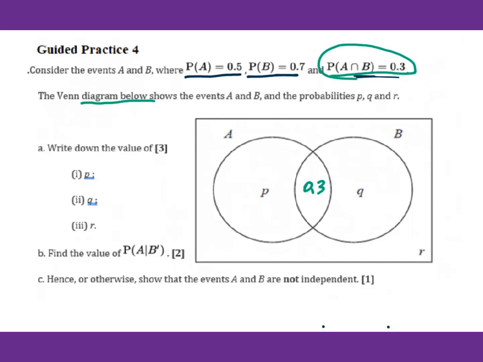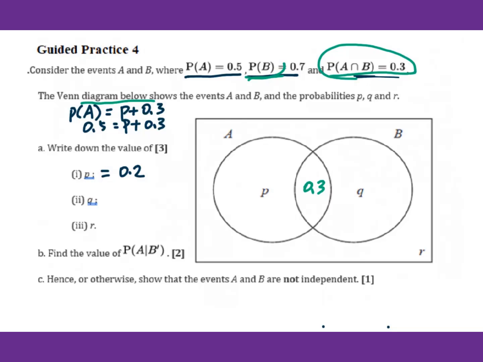And also we know probability of A equals P plus 0.3. This is 0.5 equals P plus 0.3. Therefore, P equals 0.2.